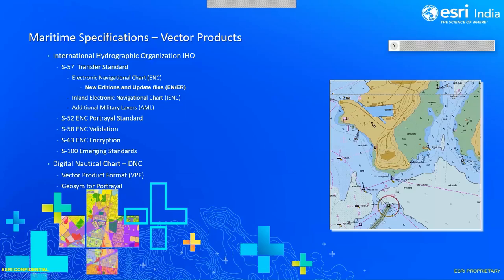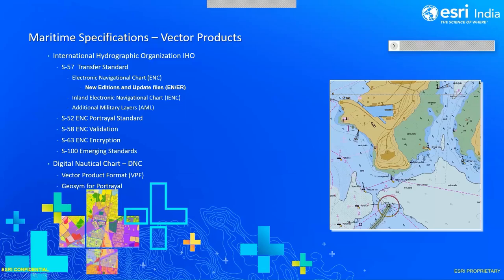These are the data sets that have been used for a long time, but right now the International Hydrographic Organization is going for creating the S100 series products. We can even say that it is an advancement to the S57 products.